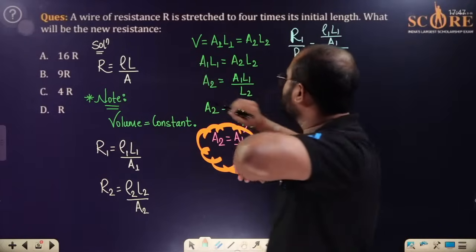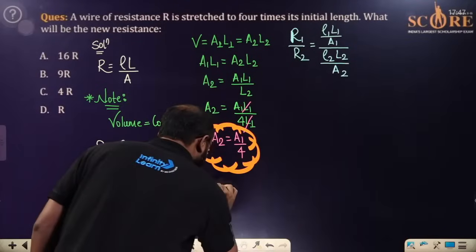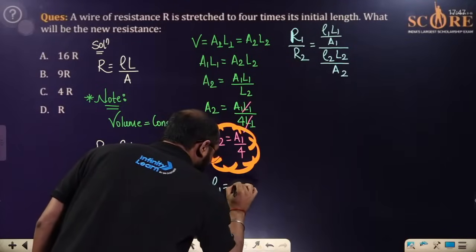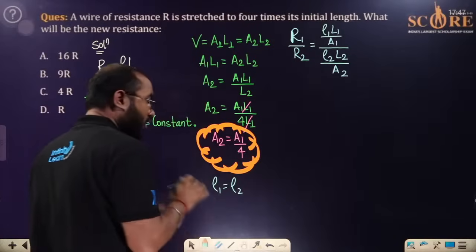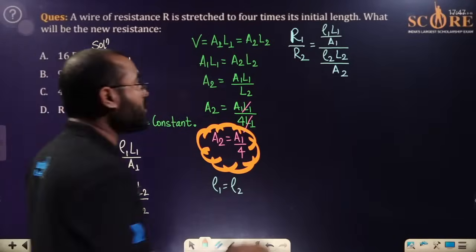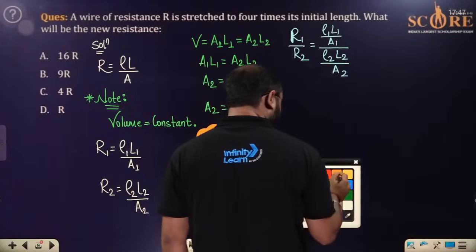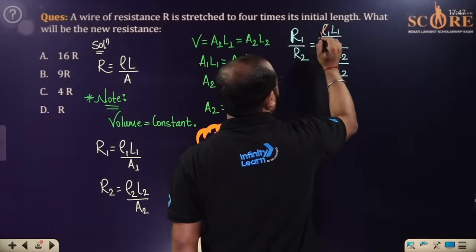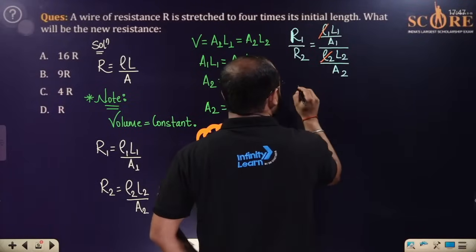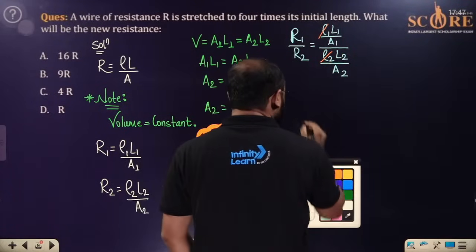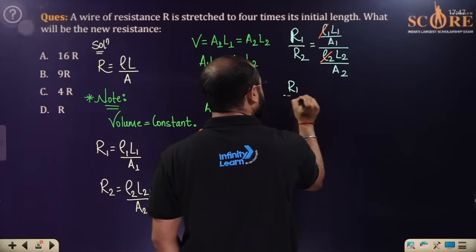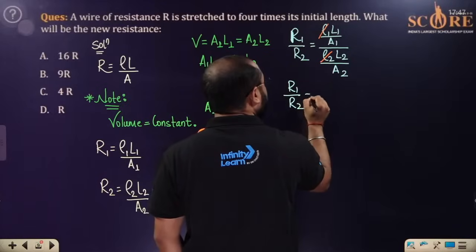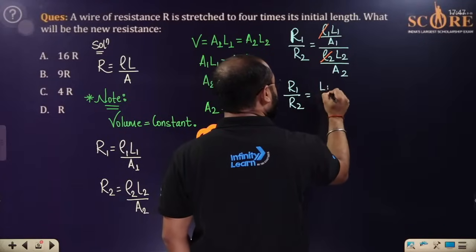Since in this particular question the resistivities are not going to change because it is the same material, this one and this one cancel because the resistivities are the same.